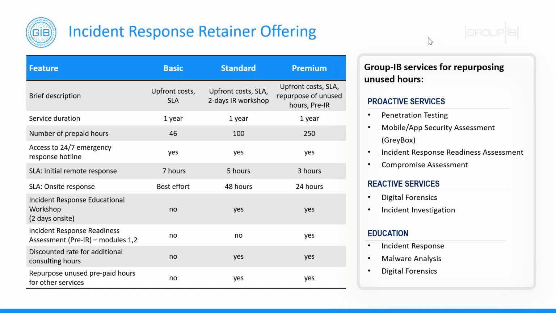And it's the minimal typical number of hours for one typical incident per year. And for the standard and premium packages, you can see that the number of prepaid hours increases, and the cost of these hours decreases.